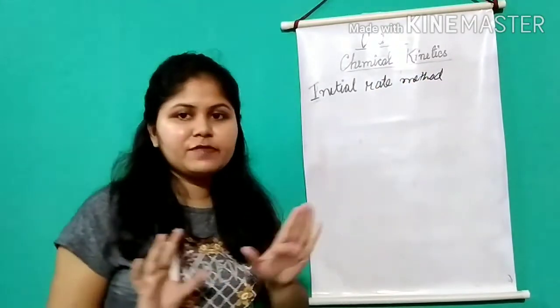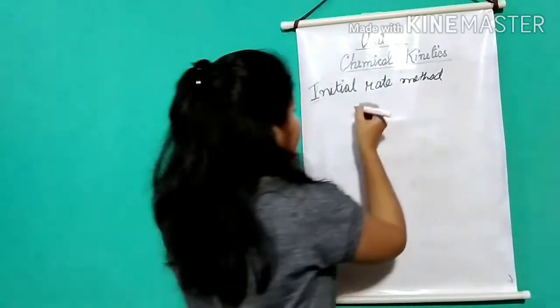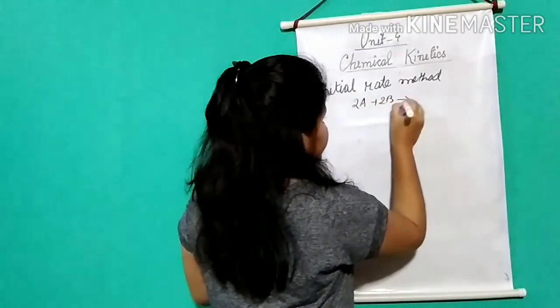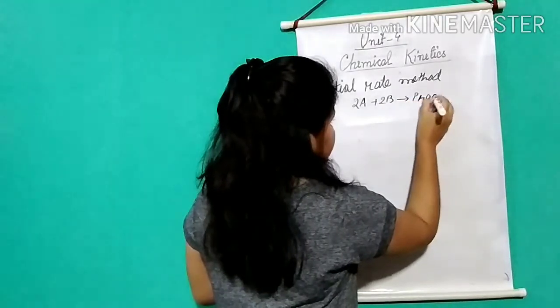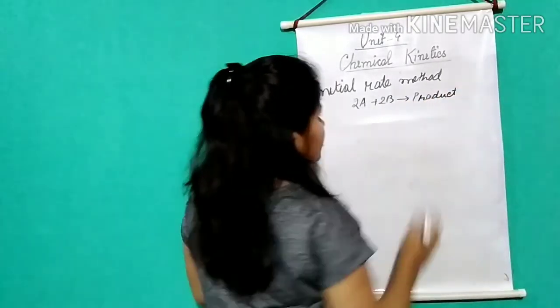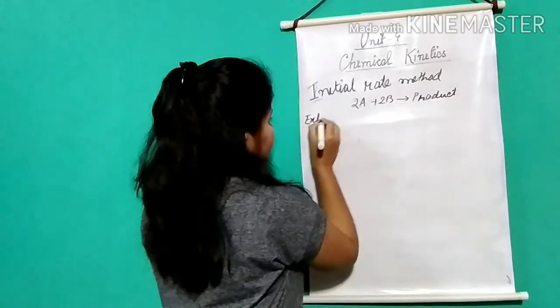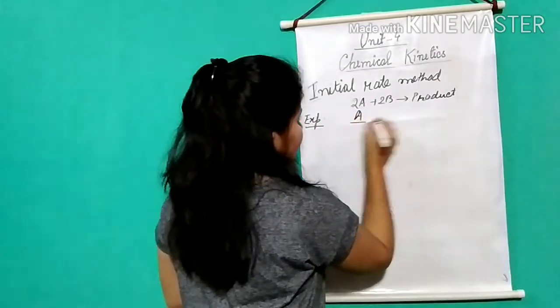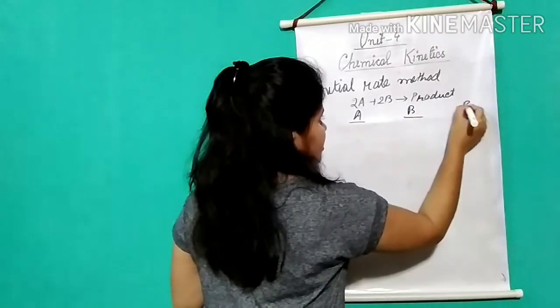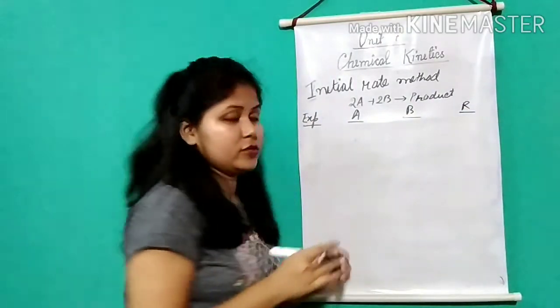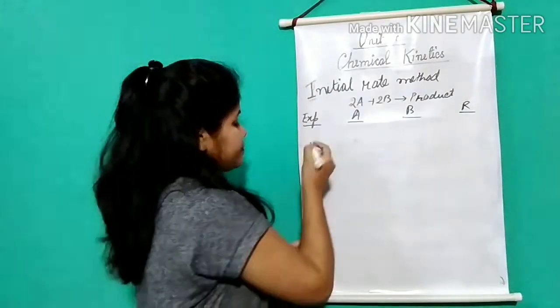Suppose we have been given a reaction. In the question, a reaction will be given: 2A plus 2B gives a product. In the experimental data, we will see the experiment number, the concentration of A, the concentration of B, and the rate, meaning the value of the rate of the reaction.